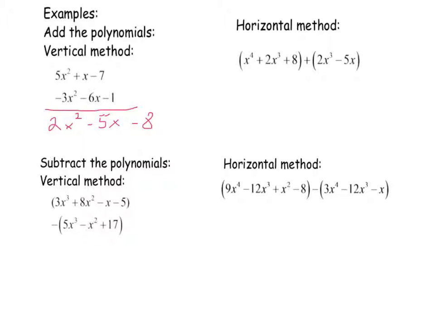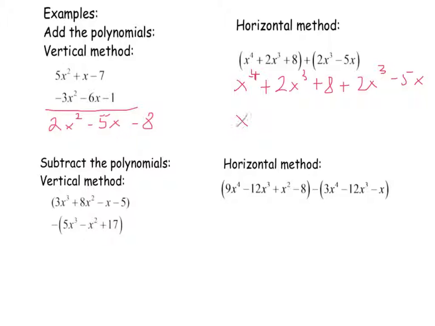When we use the horizontal method to add, we distribute 1, basically, so we can just take away the parentheses. x to the fourth plus 2x to the third plus 8 plus 2x to the third minus 5x. And I simply combine my like terms.